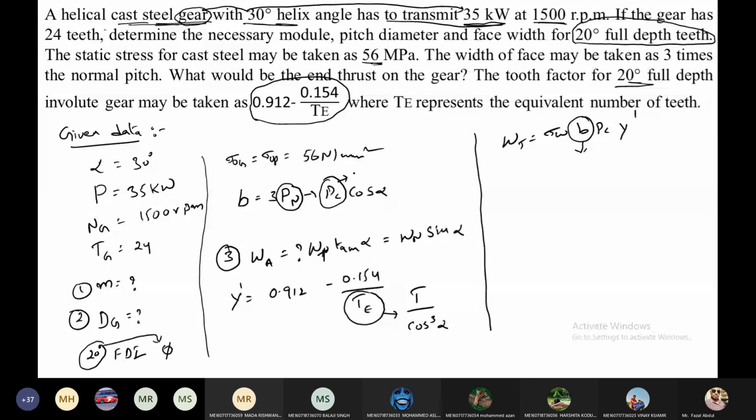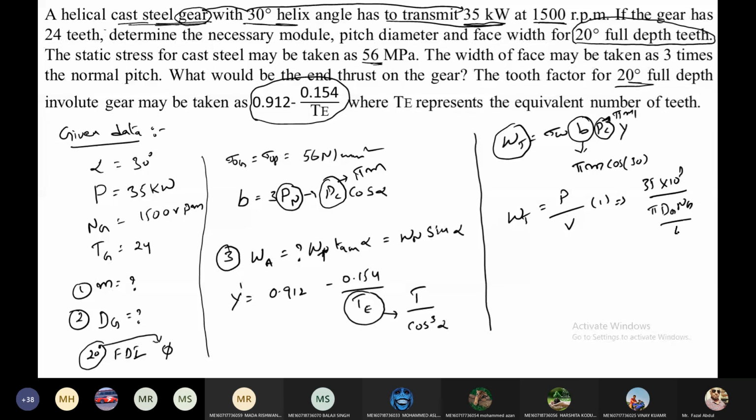Pc is pi m, so here I am writing pi m cos alpha. Cos alpha value is given 30 degrees, and Pc value we can write pi m. And Wt value we can find out by power equation, that is P by V into Cs. Cs I am writing 1. Now P is 35 into 10 to the power of 3 by velocity, pi dg ng by 60.